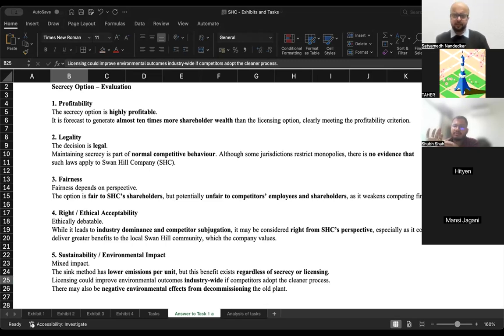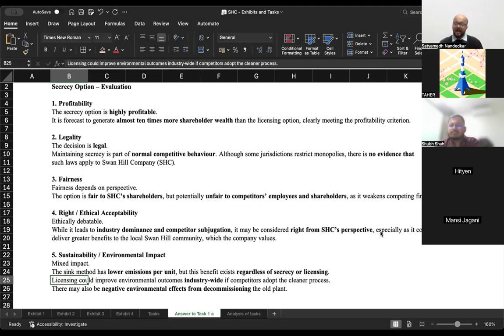In the last point, sustainability or environmental impact, we have also mentioned that industry wide, if this licensing can be allowed, it will help the industry control the emissions. See, what we are trying to say is that if only we have access to this particular process, then we get the benefit out of it.